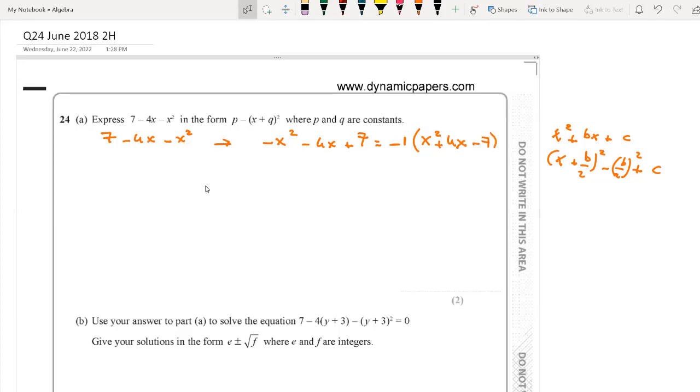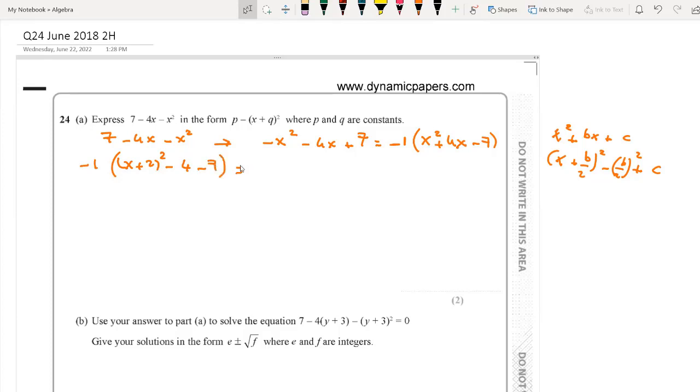Then you can complete the square of what is inside the bracket. So we have here minus 1, (x plus b over 2, which is 2) all to the power 2, minus (b over 2) all to the power 2, which is minus 2 to the power 2, which is 4. And then plus c, c is minus 7, so it is here minus 7.